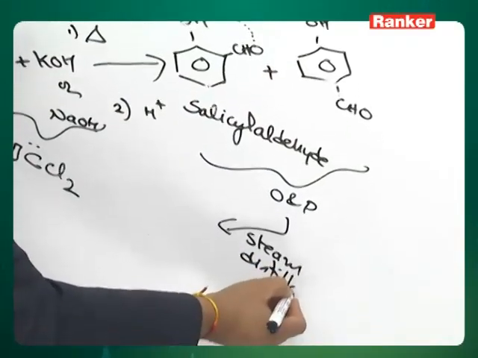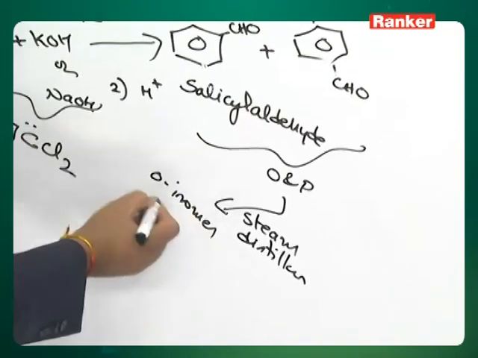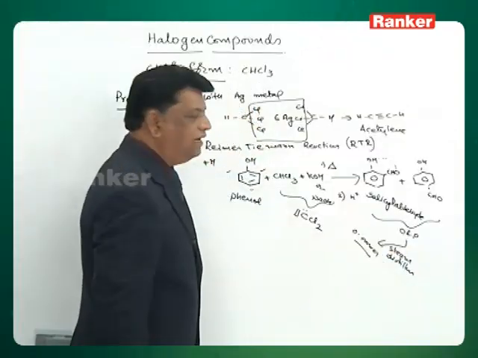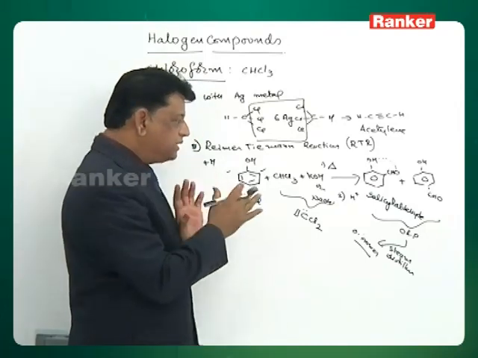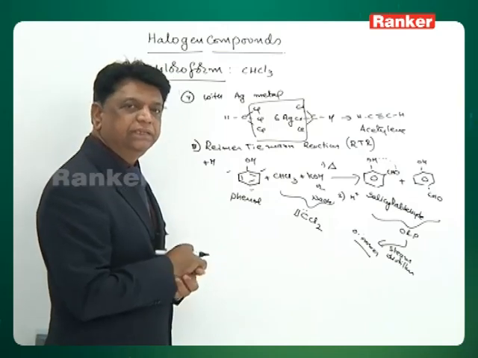So steam distillation will give first the ortho isomer only, not the para one. So you can separate this salicylaldehyde and its isomer. Though a mixture is formed, one can separate it specifically using steam distillation.